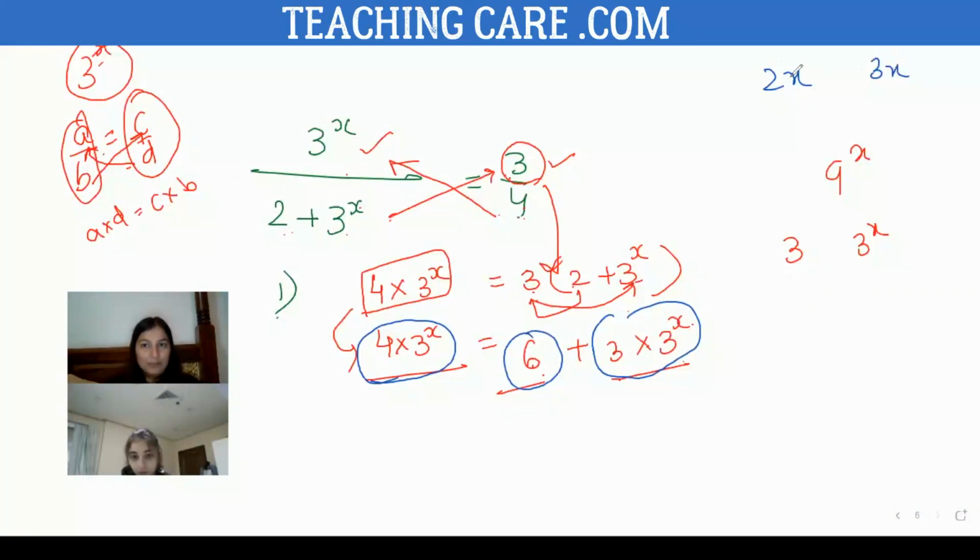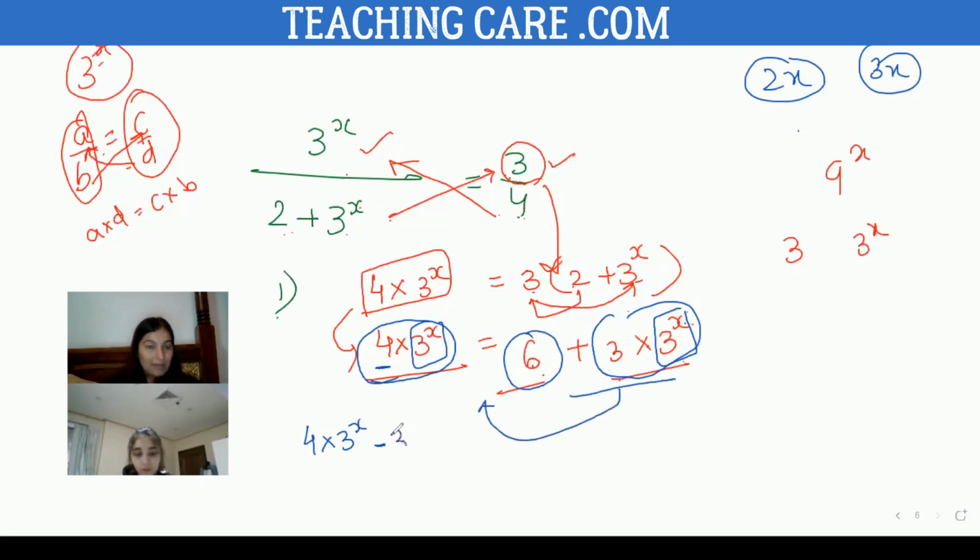Are these like terms? Yes, but we have to do 4 times 3 raised to power x. It doesn't matter what the coefficient is. These two are same. So we take this whole term to the left side, it will become 4 into 3 raised to power x minus 3 times 3 raised to power x equal to 6.